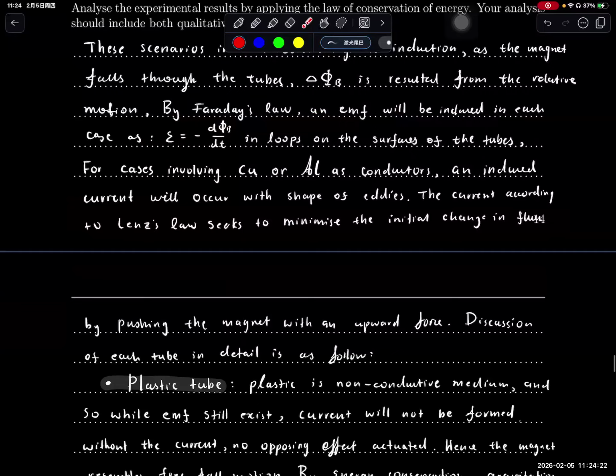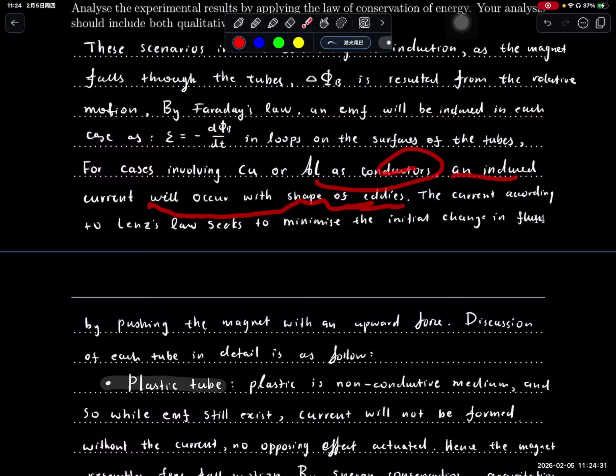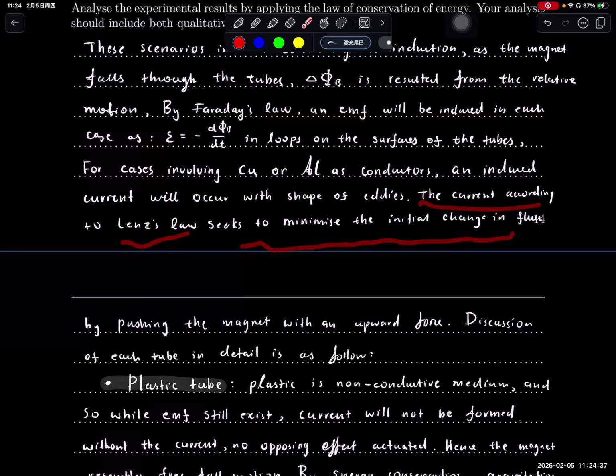The cases involving copper and aluminium as conductors, induced current will then occur in the form of eddy currents. According to Lenz's law, the currents will seek to minimize the changing flux, thereby pushing the magnet with an upward force. The discussion of each tube in more detail is as follows.